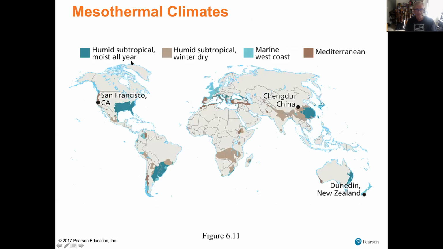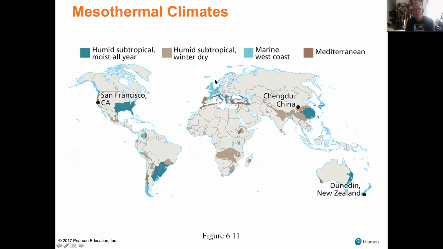So we have humid subtropical moist all year, humid subtropical winter dry, marine west coast, and Mediterranean. Again, notice where these are. Humid subtropical, moist year round, is on the east coast of continents where you have warm water currents, the Gulf Stream, the Japanese current over here. Humid subtropical winter dry is again a little further south or north of the tropical savannas in some cases.